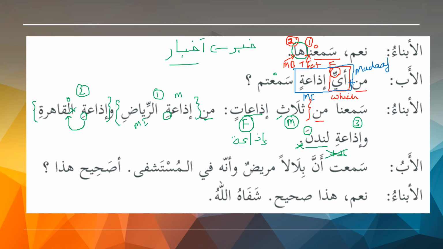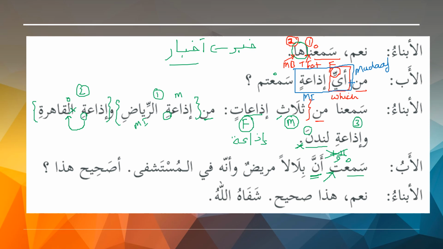So father says sami'ta an sami'tu, meaning he's saying about himself. Sami'tu, as you can see, the damir is attached with the past tense. This is from the first mutakallim group. Sami'tu, I heard. Anna, so this anna is actually used in reported speech.